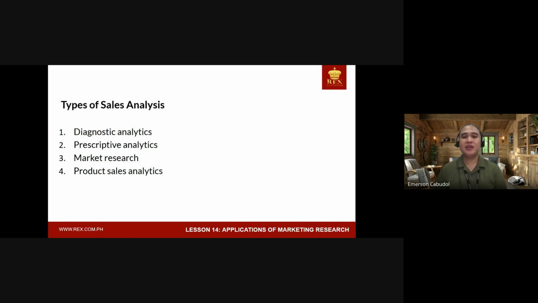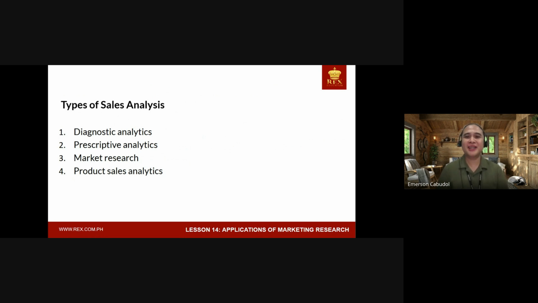For example, if a prescriptive analysis indicates that certain marketing tactics lead to higher conversion rates, businesses can prioritize those strategies in their campaigns. This approach empowers sales teams with actionable insights to enhance effectiveness and efficiency.